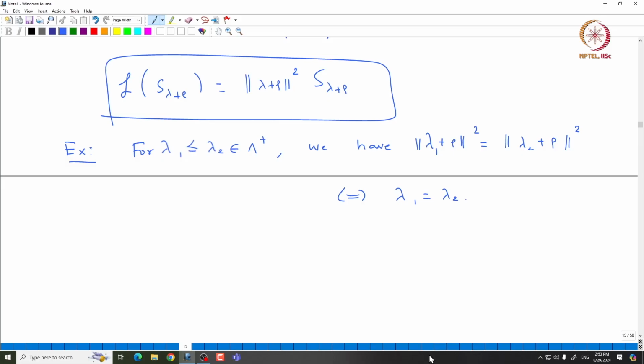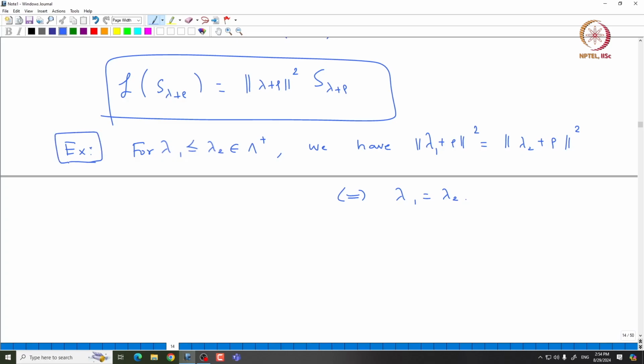In case lambda_1 is less than or equal to lambda_2, then it cannot be strictly less than lambda_2 with equality of the norms. That is why whenever the norms are the same, it implies lambda_1 is the same as lambda_2. Maybe I will leave it to you to think about it, it is not very hard to prove actually.